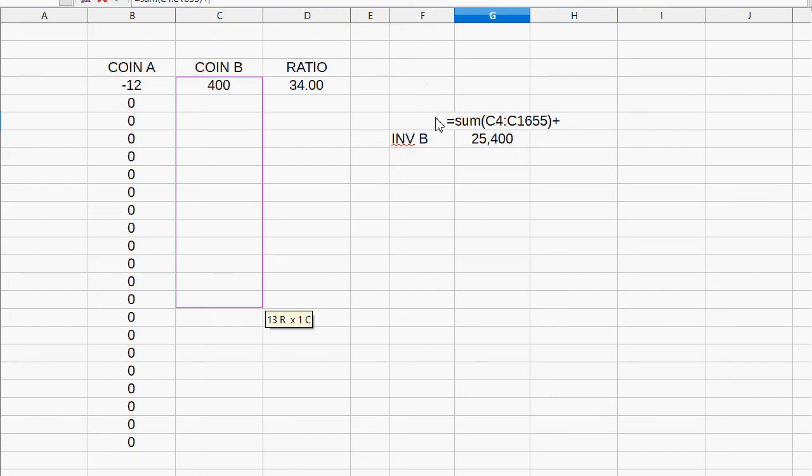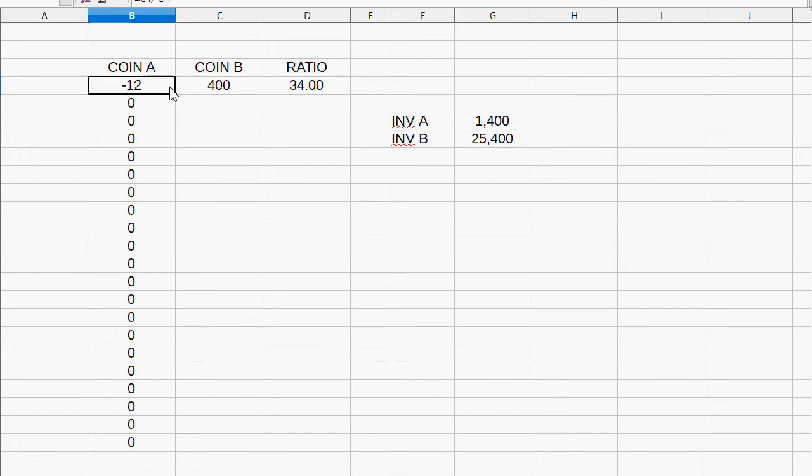And it's 1,000. So inventory A, coin B equals this multiply negative this. No, that's right, because I just wanted to go this to 4,000. That's what I want to do. Okay, finally, I'm sorry for all that delay.